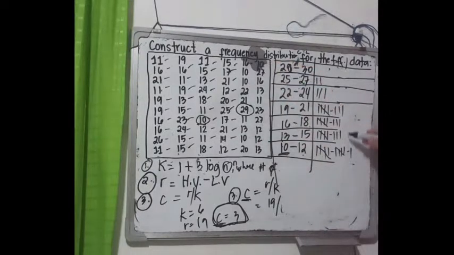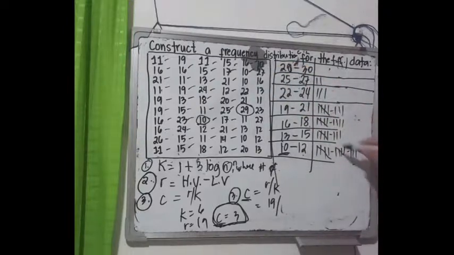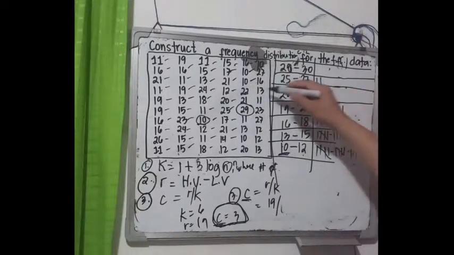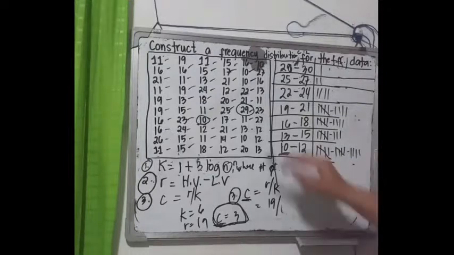Next, 16 here belongs. 10, two 10s. 22, this one. 21 here. 29 at the top. 11 here.